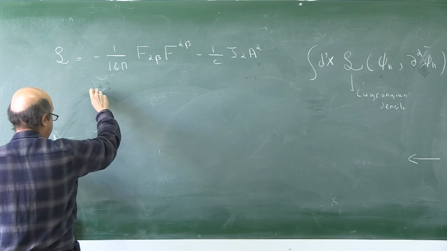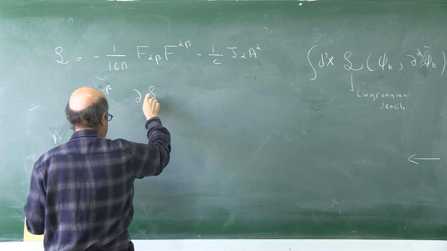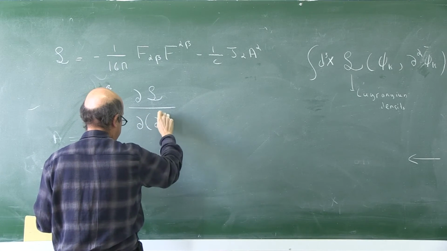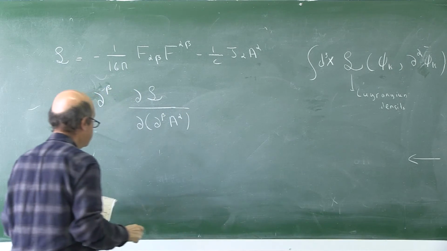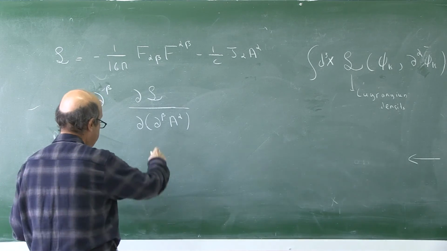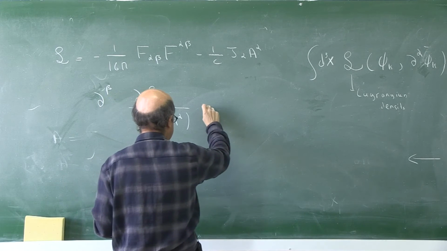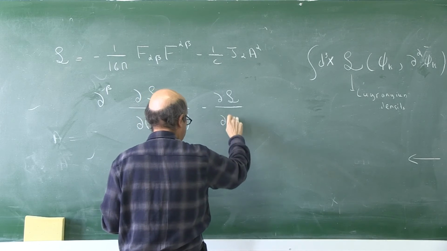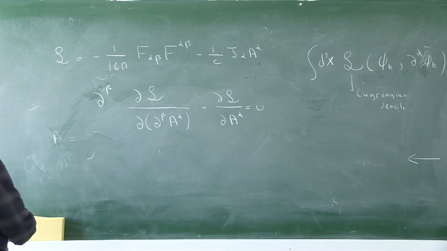So let me write again the Euler-Lagrange equations: del beta of del Lagrangian density over del of the velocities, the rate changes of the fields in 4 dimensions, the derivatives of the fields, minus del Lagrangian density over del fields. So we have to evaluate this.